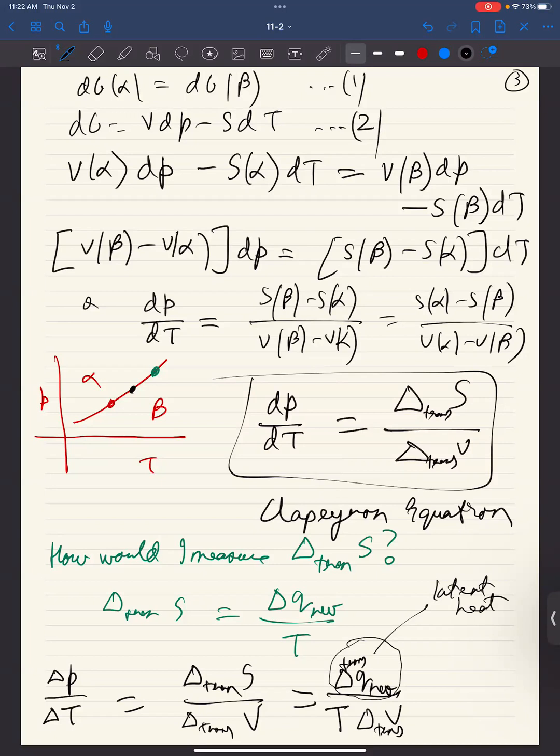It could be the latent heat of fusion if you're talking about solid going to liquid. So depending on what you have, it's known as the latent heat of that process. Latent heat is generally denoted by L, so this is going to be L by T delta V. All of this is the Clapeyron equation. Any of these is equivalent.